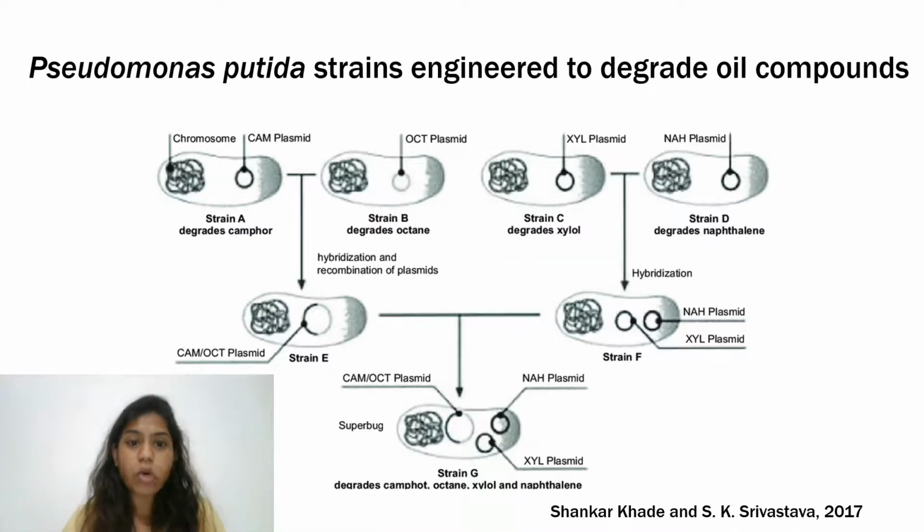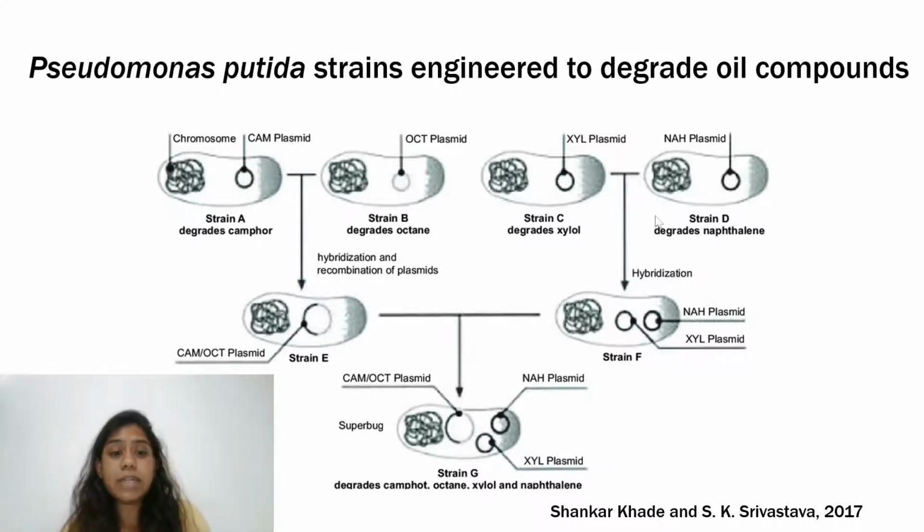Now it helps them in degrading these different contaminants like camphor, octane, xylol. All of these are different components. They are also components of oil spills, usually naphthalene, and these can now be used for degrading these different oil products.